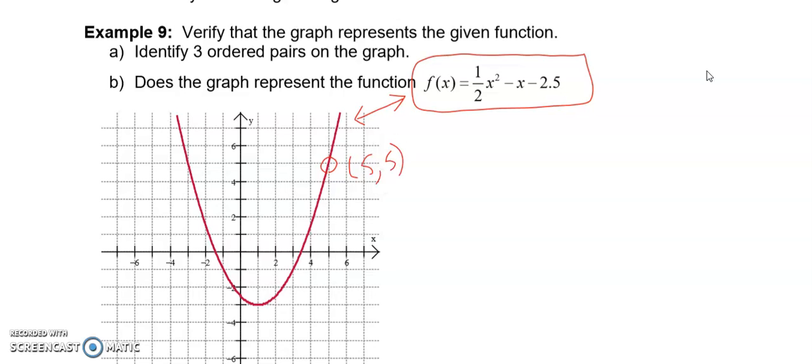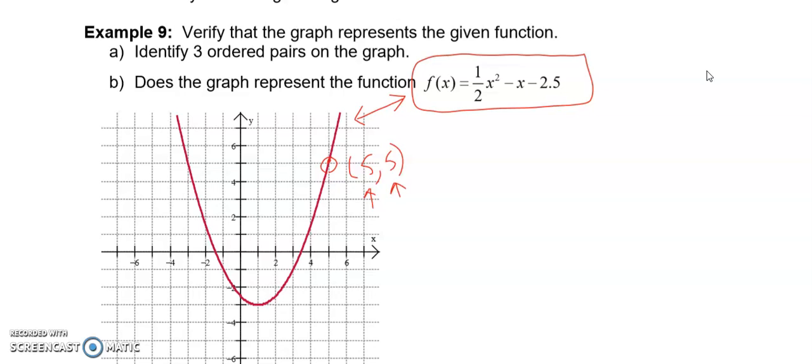Now, if that given function really is that graph, then if you were to put 5 in for x into your function, you should get back 5 for your y value. Because remember, every point on the graph of a function is a solution to its equation. So we're going to put this point, (5, 5), into our function and see if it actually gives you back a 5.